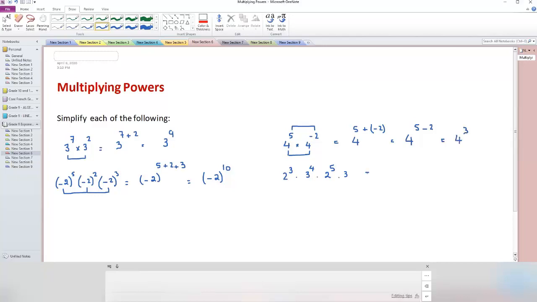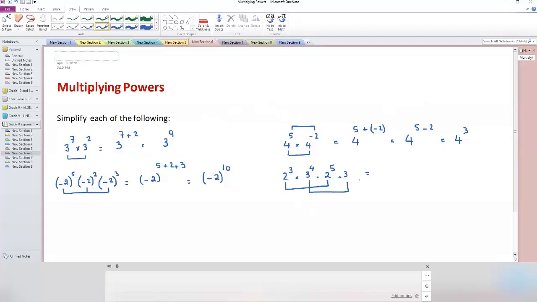And the last one, I see a multiplication, but there is something very important. I see different bases. 2 is different than 3, so I have to be careful. In this case, I have to make sure that I use the exponent law only between the same base.